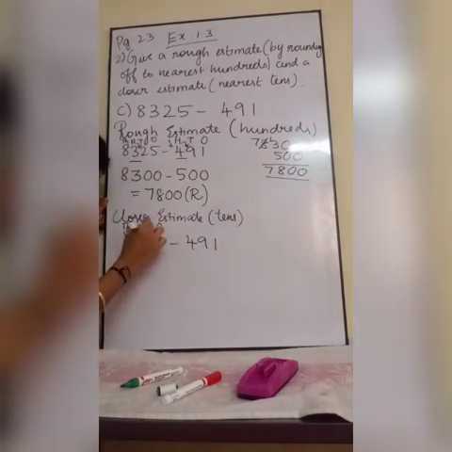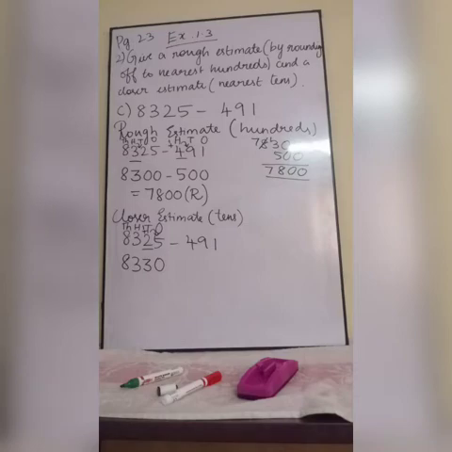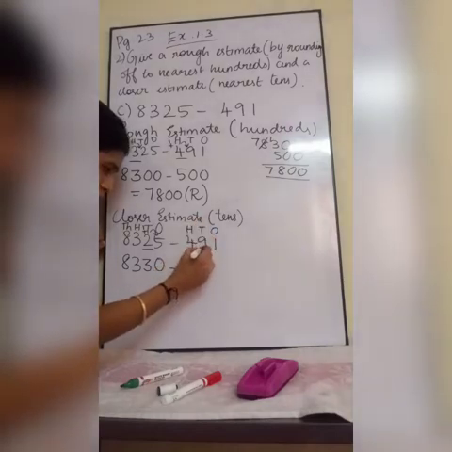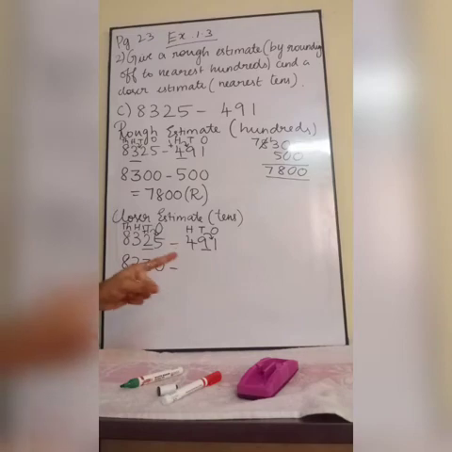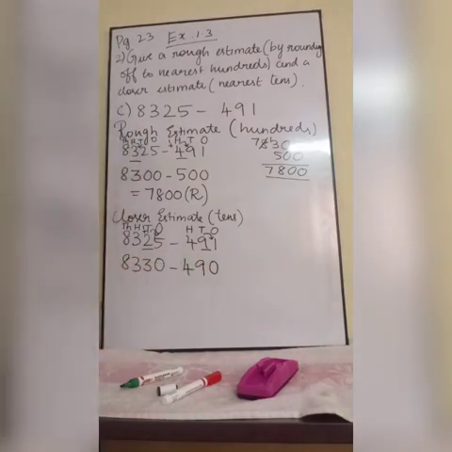So 2 plus 1, 3, 0. Understood? Minus ones, tens, hundreds. Going to round off tens place, you have to check ones place. Ones place is 1. So 4 as such, 9 as such, after that 0. Did you understand how this round off comes?